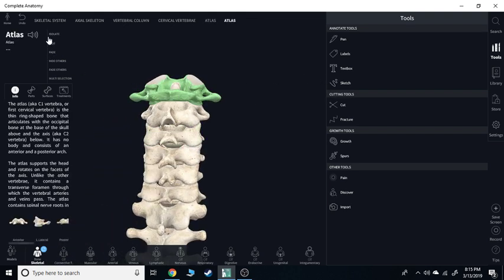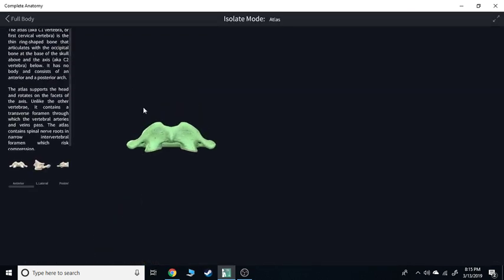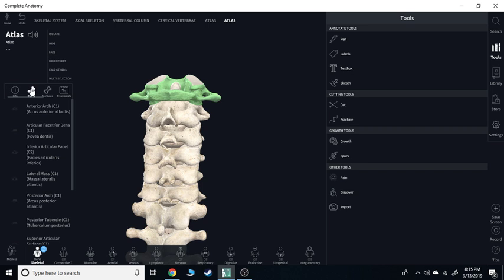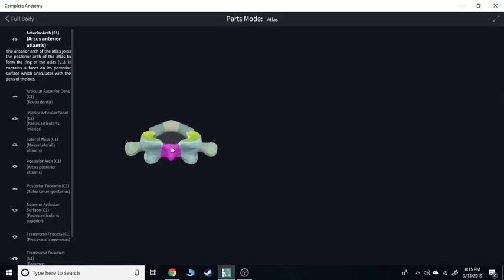Atlas is also different. So it has this anterior arch that forms the anterior portion of the vertebral foramen. This articulates with the occipital bone at the occipital condyle.